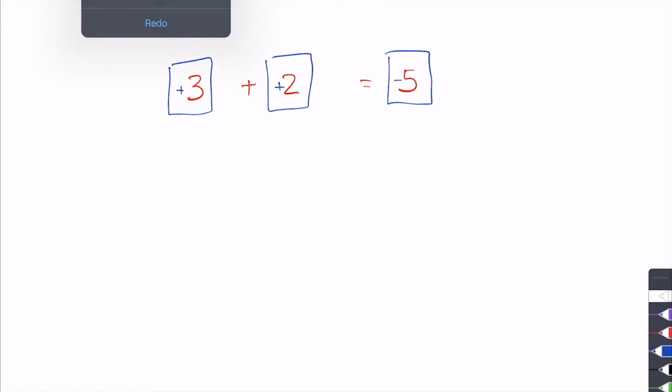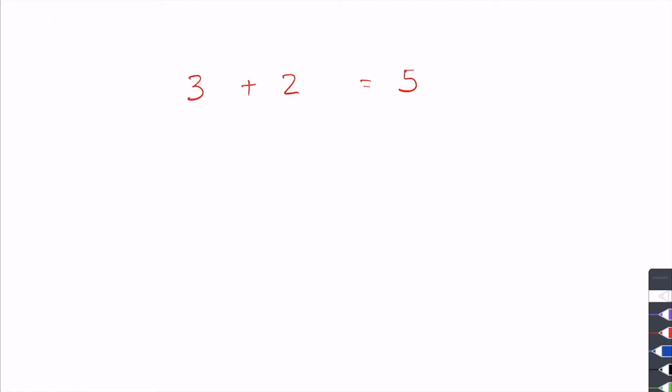Now, if we have some negative numbers, we do have to write the sign. So for example, if this was 3 plus minus 2, then that actually changes the answer that we have there, because 3 plus minus 2 actually gives you 1. Now how does that work? Well, you've got two signs here next to each other.